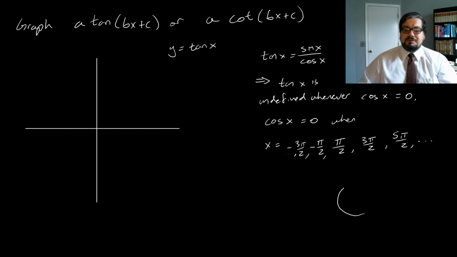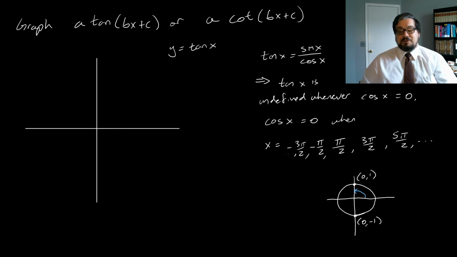And I'm getting all of this from just the unit circle, remembering that cosine corresponds to the x-coordinates of points on the unit circle, and therefore an angle of pi over 2, a quarter of the way around the circle, has a cosine of 0. Negative pi over 2, a quarter way around the circle in the other direction.